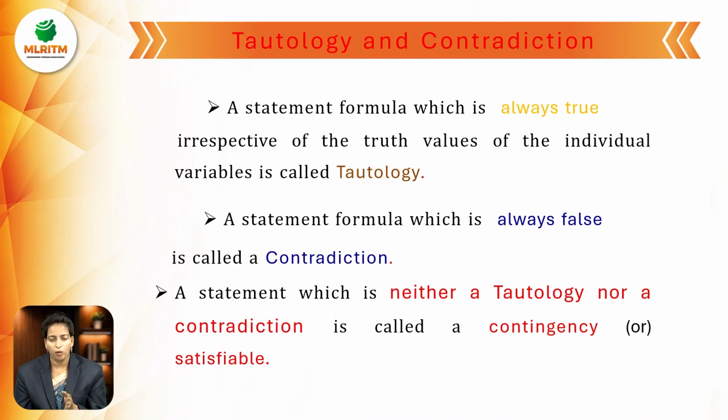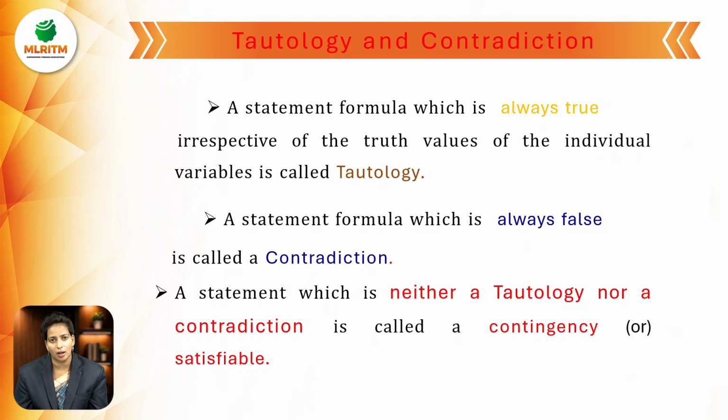Tautology: a compound proposition which is true for all possible truth values is called a tautology. Simply, if the last column of the truth table is all true, then it is said to be a tautology. Tautology is also called universally true. Next, contradiction. If a compound proposition is all false, then it is said to be a contradiction.